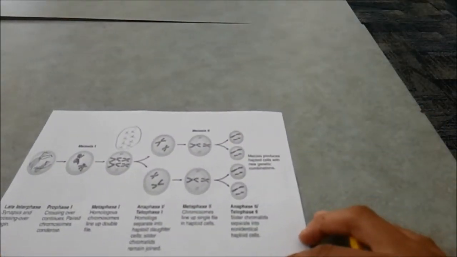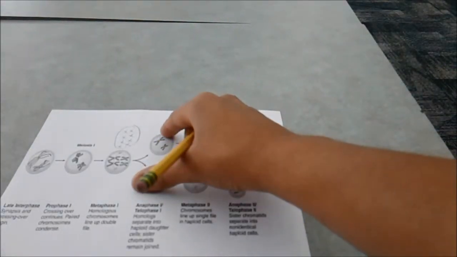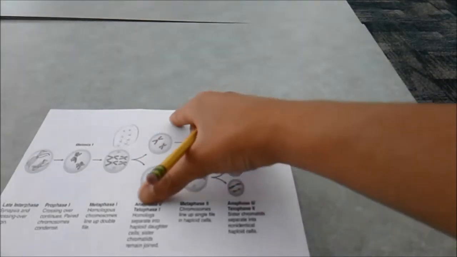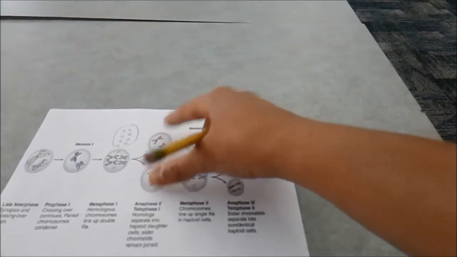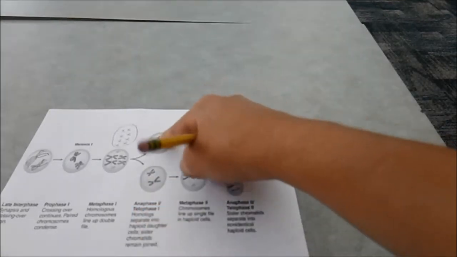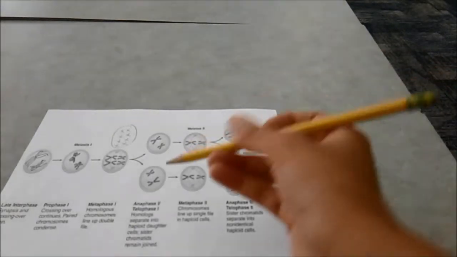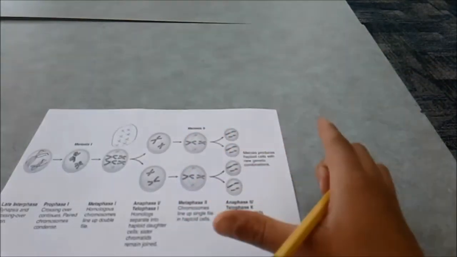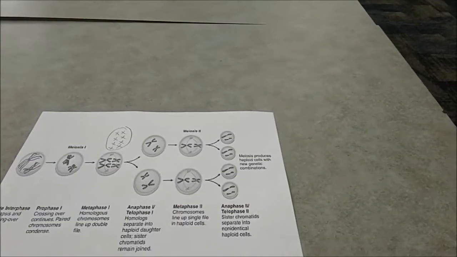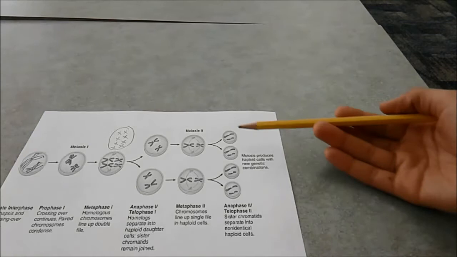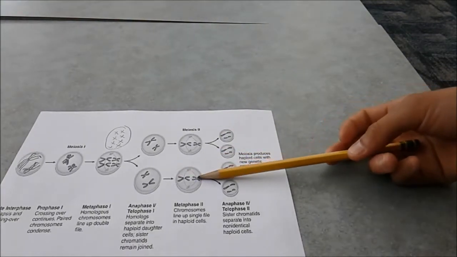Now in anaphase, they begin to be pulled apart, as with mitosis. They begin being pulled apart into their respective cells. In telophase 1, these chromosomes have been pulled into their separate cells, and the cells have been split. Now the chromosomes begin to line up in single haploid cells.